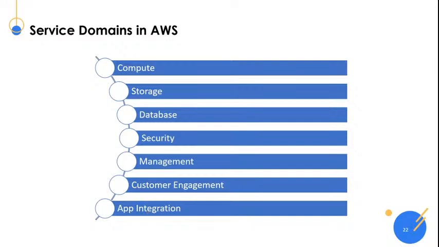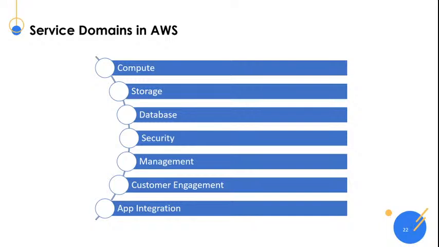For example, if you have an application to which you have to give a lot of jobs, it's better to have a queue where you store all your jobs, and that queue is separate from the server which will be executing your jobs, right? These kinds of integrations are called app integration. So these were the main domains in AWS, guys, and there are a lot of other domains as well.